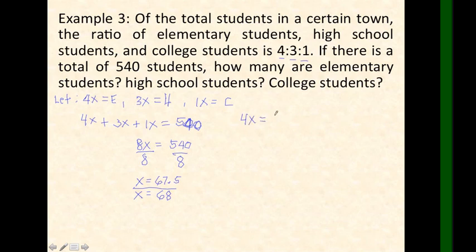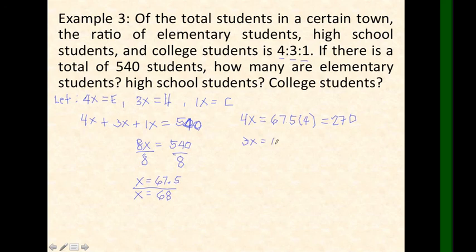So, we have 67.5 times 4. So, what is 67.5 times 4? The answer is 270. So, therefore, meron tayong 270 elementary students. How about 3x?